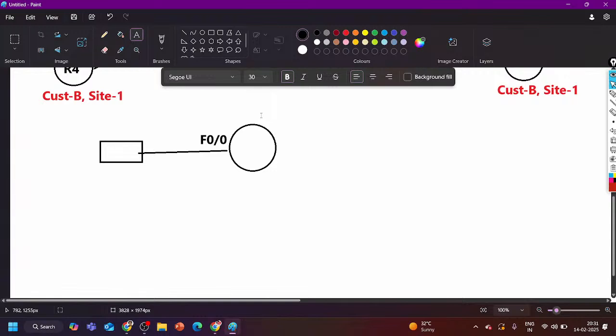Correct. So okay, a switch is the only device with multiple ports, right? Or is there any alternate device which can divide one single interface into multiple? Yeah, many other devices. Even you can use a hub as well. Correct.